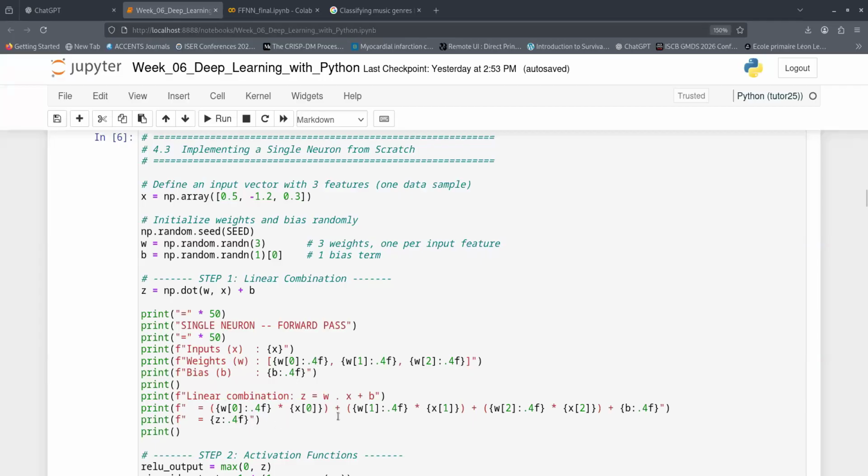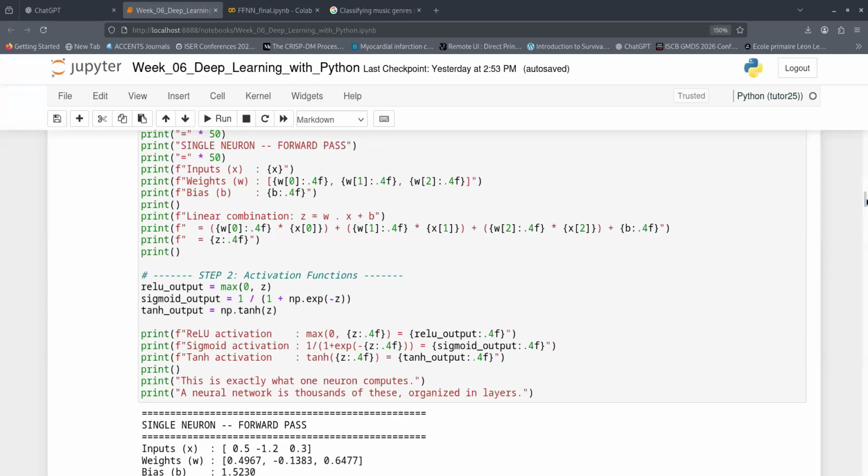The linear combination is written as w index 0 times x index 0, and so on, plus the bias. At the end, you print z.